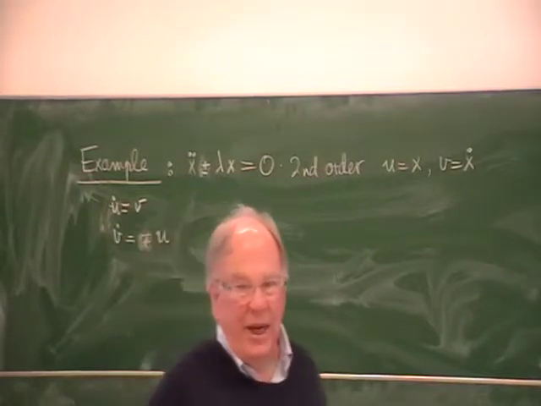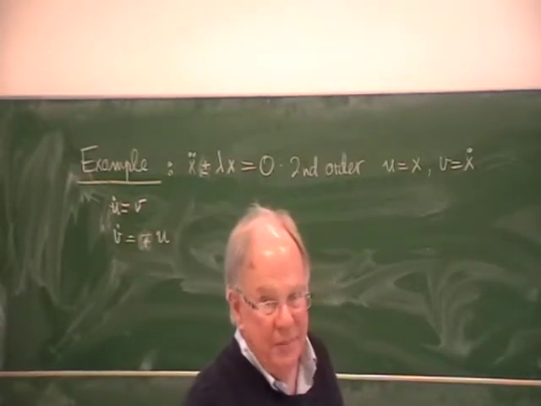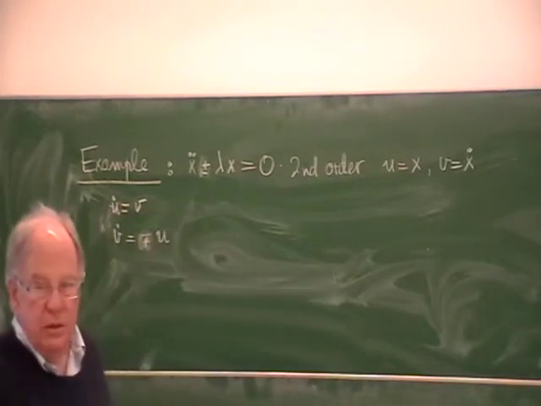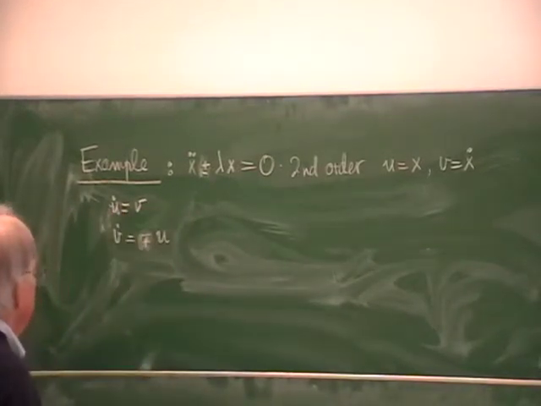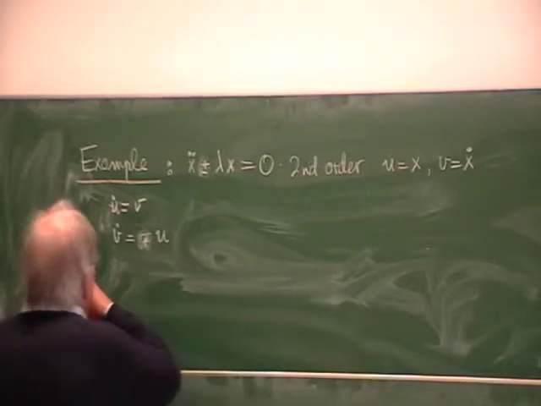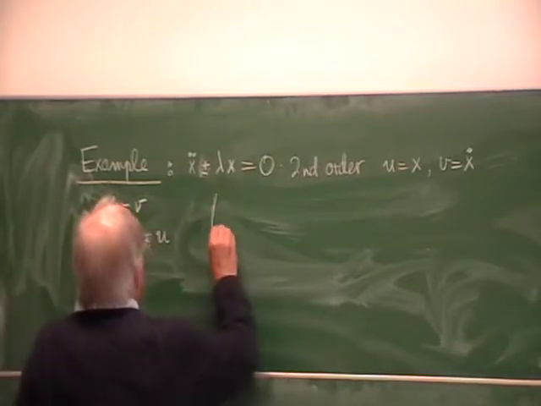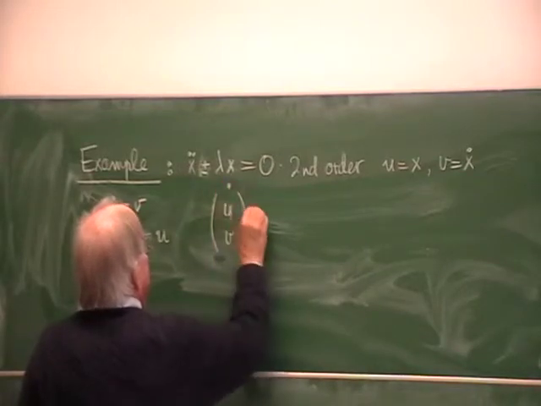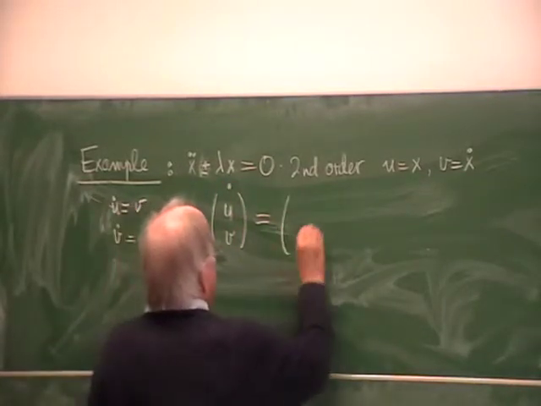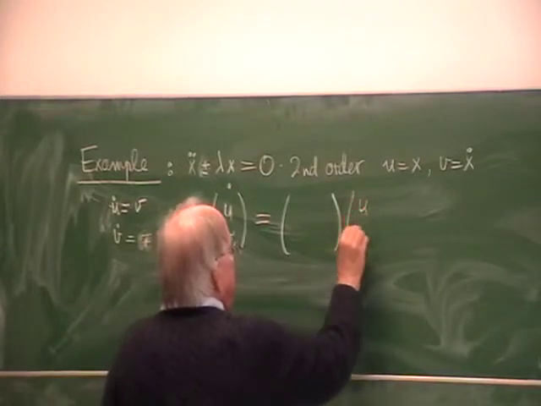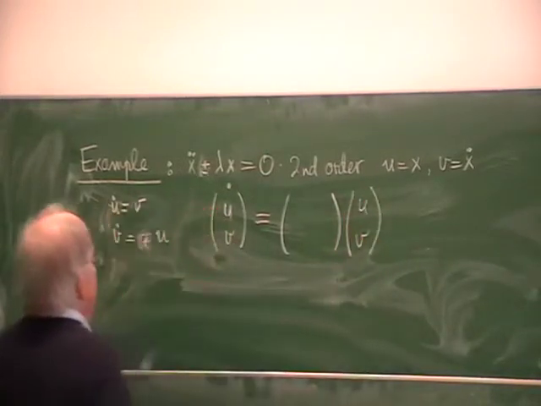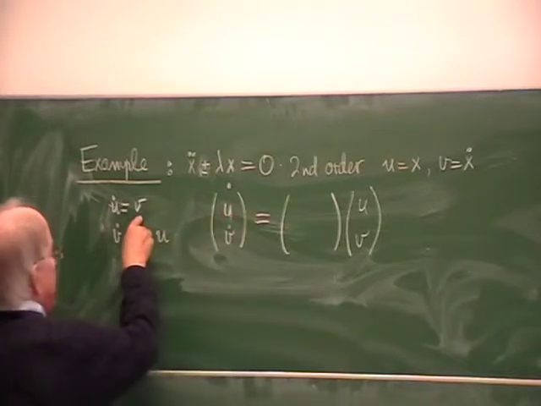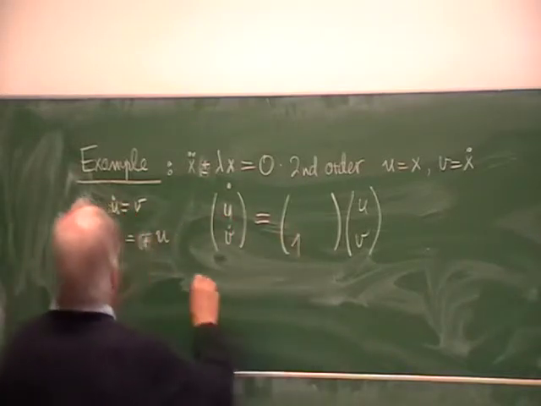The sign is the sign of the eigenvalue. It has to do with the frequency of this differential equation, right? So this says that (u, v) dot equals some matrix times (u, v).